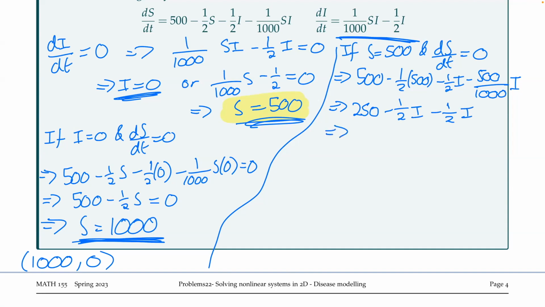Take the I to the other side, gives us I is equal to 250.